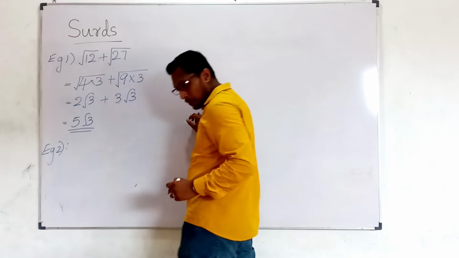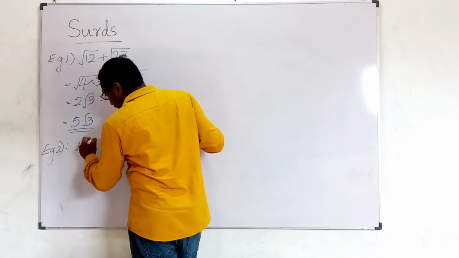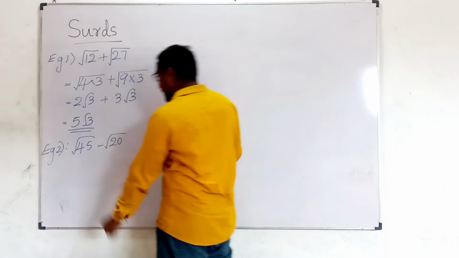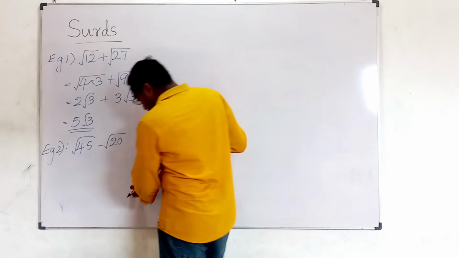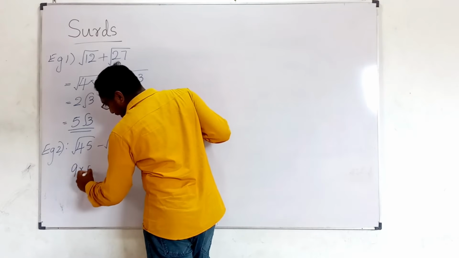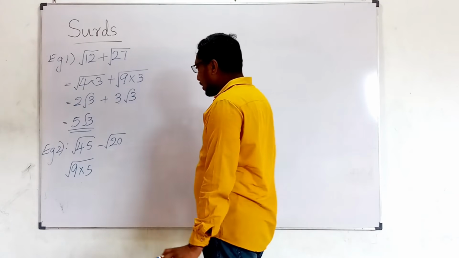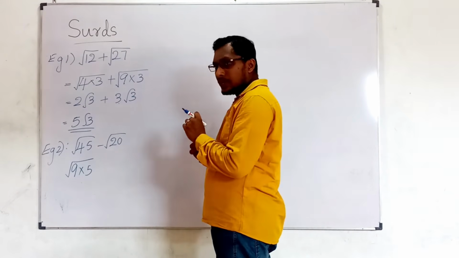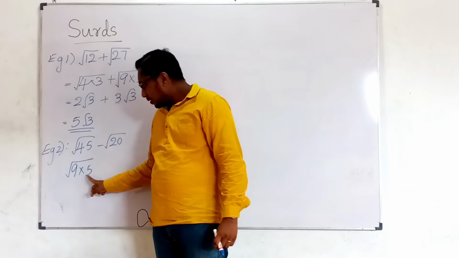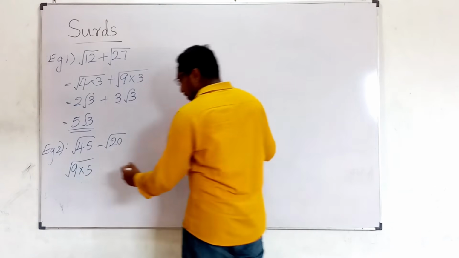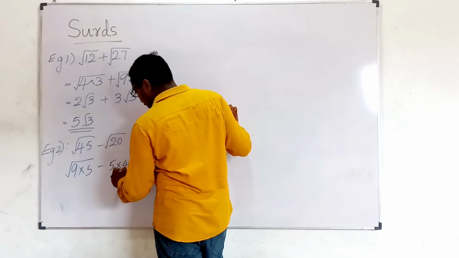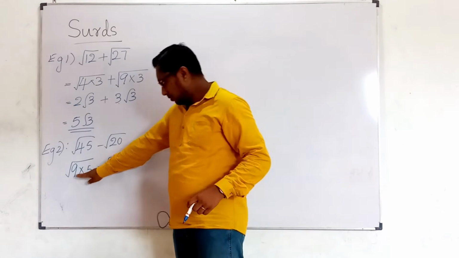Okay, example number 2. Square root 45 minus square root 20. Right, 45. So I write it as 9 times 5. You may wonder why I am writing just 9 into 5. There may be some other ways to write it, but when you write, be careful, at least one number should have an exact square root.